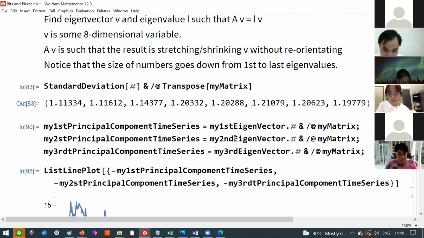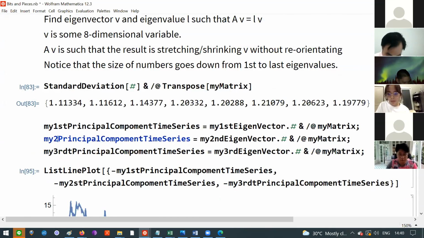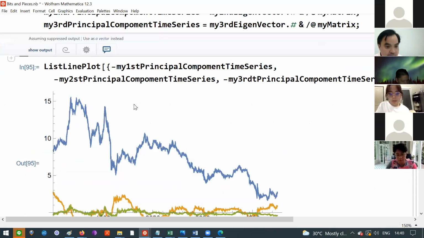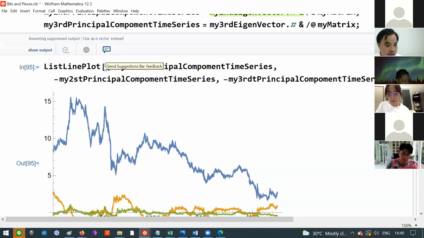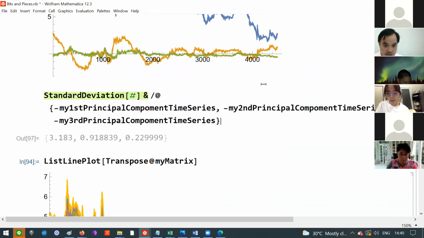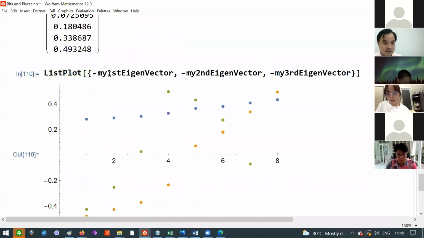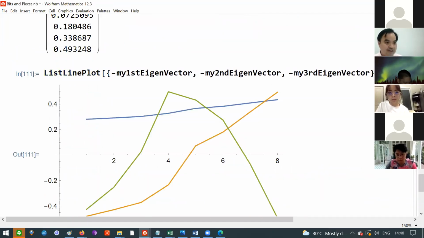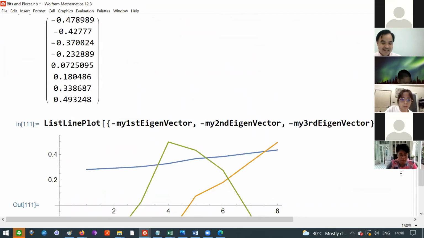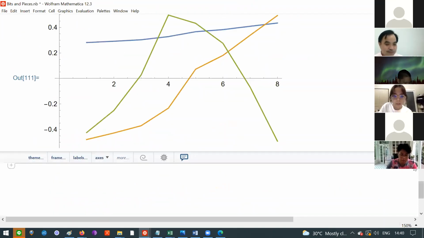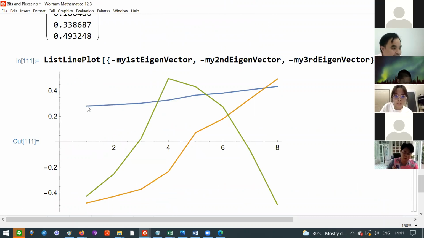Okay, let me just make a correction. Watch this. The first eigenvector is like taking the first interest rate, second interest rate, third, fourth, fifth, sixth, seventh, eighth interest rate, and just sort of adding them together.